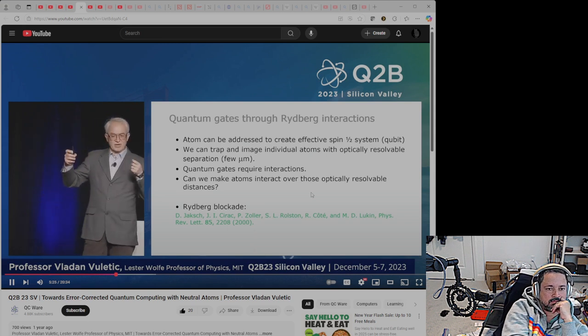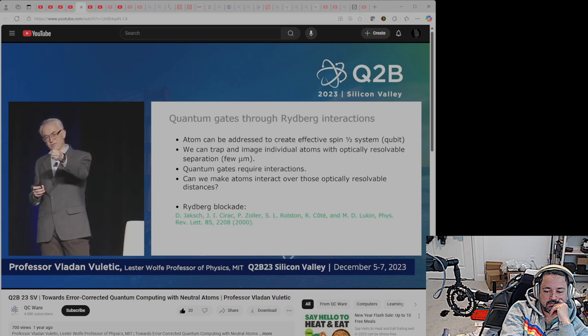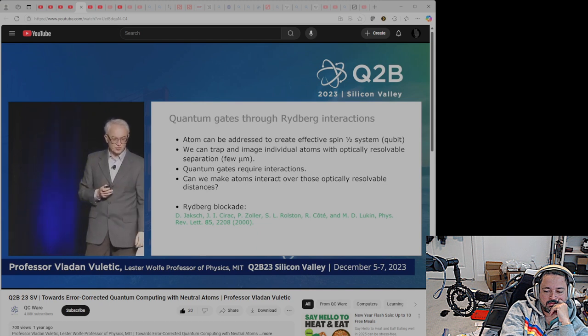For instance, for n equals 100, the electron is about 1 micrometer from the nucleus. The atom is so big that you could fit a whole coronavirus inside it if you wanted to.